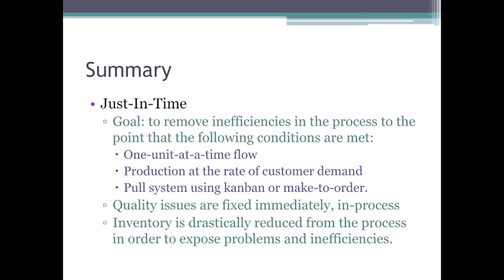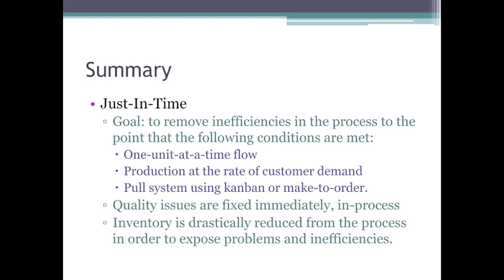With a just-in-time process, here we want to reduce the inefficiencies in the process to a certain point, specifically to where we have one unit at a time flow. In other words, if we want to make in batches of one, we can do that. Where we produce at the rate of customer demand. In other words, we don't make it until they order it. And to that same end, we have a pull system.